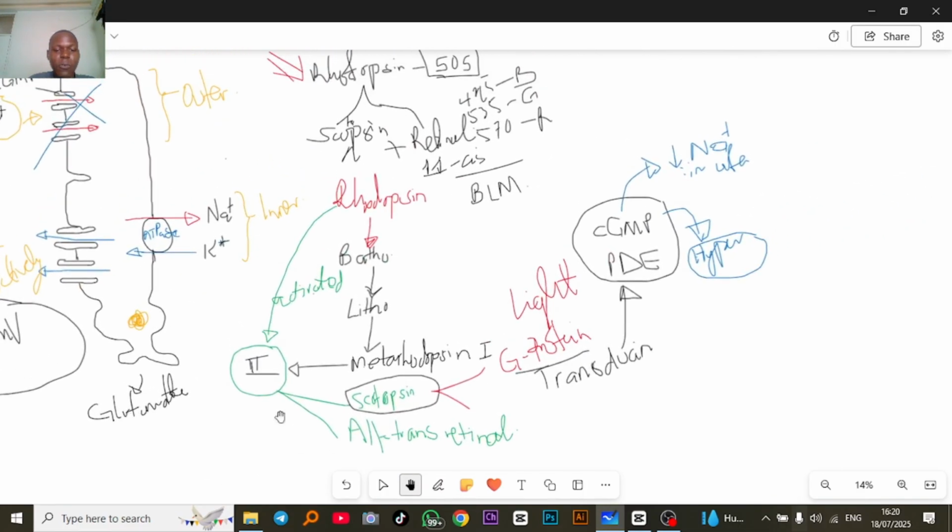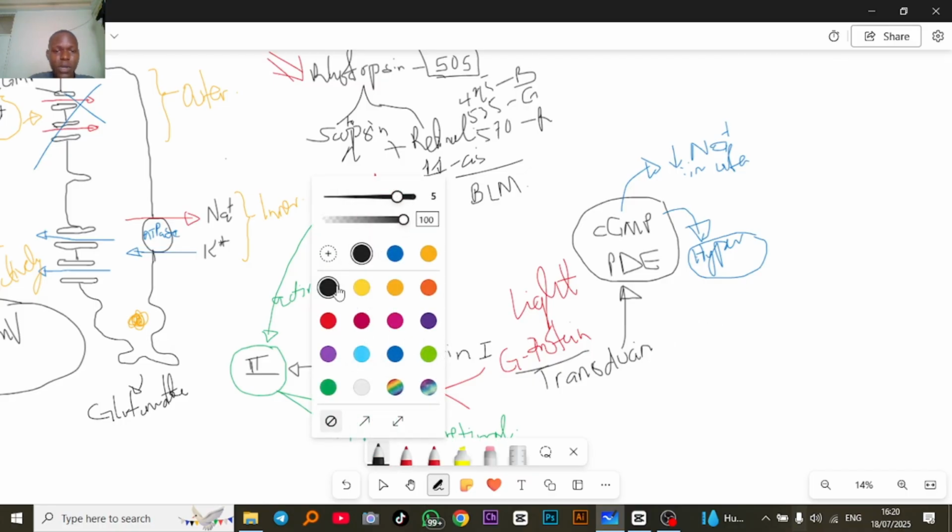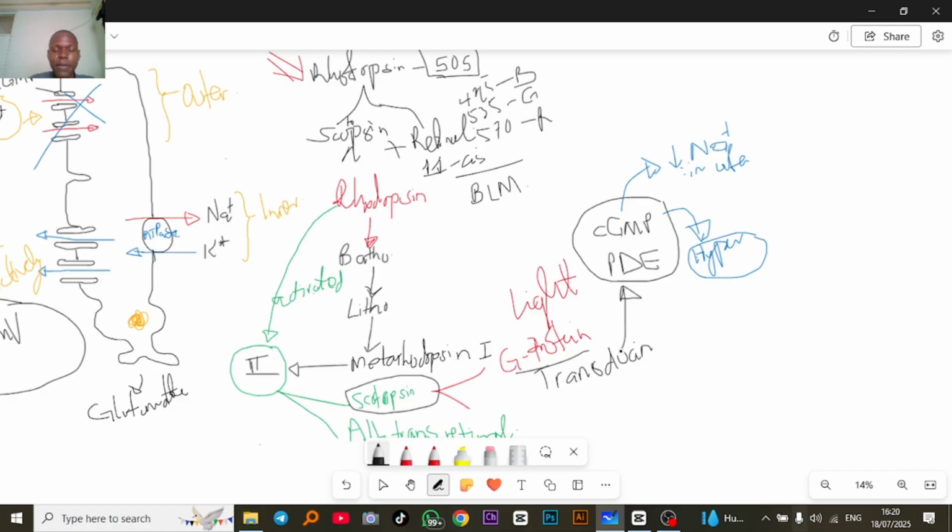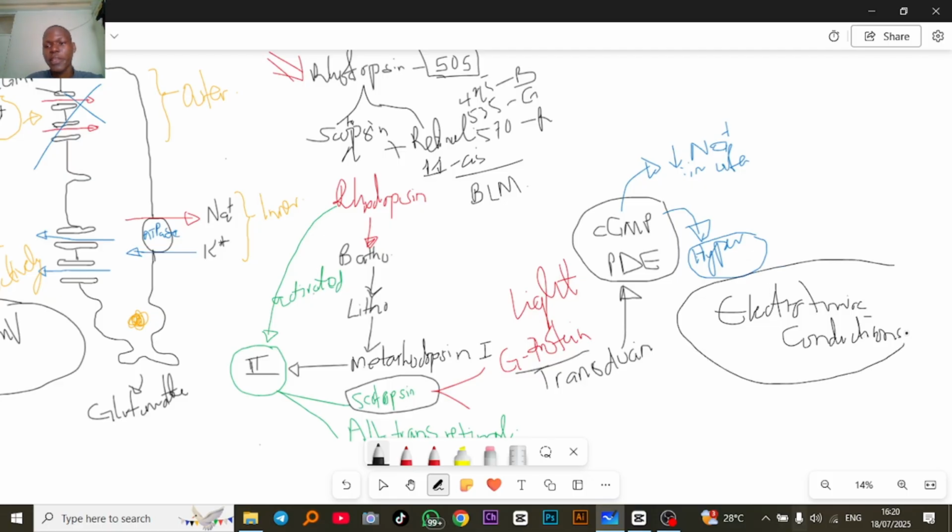So the transfer of these visual signals doesn't occur like in any other sensory organ, but we have what we call electrotonic conductions. So what are electrotonic conductions? For those of us who did biology, we know very well that we have what we call the all or nothing rule.